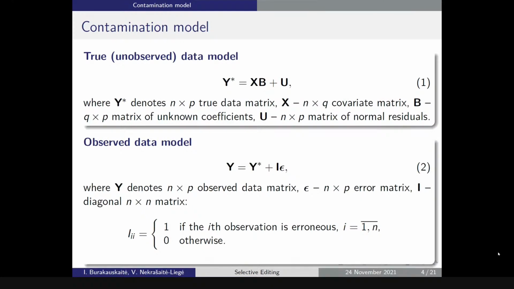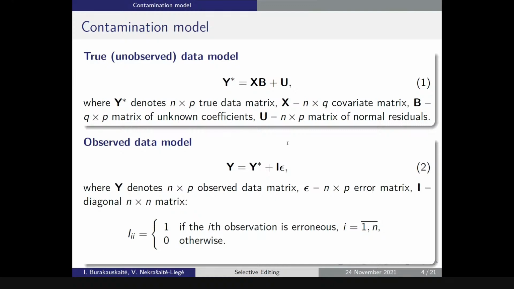So let's start with the assumption that only a part of statistical survey data contain error. Therefore, data can be separated into two different parts, one being free of error and the other one contaminated. Formula 1 denotes the unobserved data model.